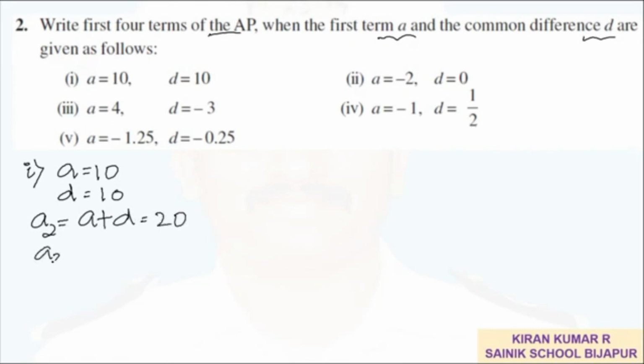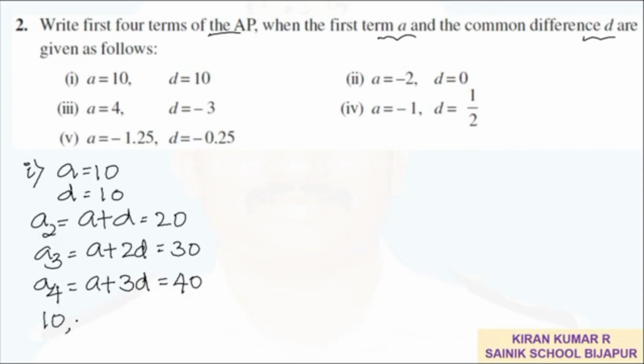The third term is A plus 2D, which becomes 30. The fourth term is A plus 3D, which becomes 40. So the first four terms are 10, 20, 30, 40, and the sequence continues.